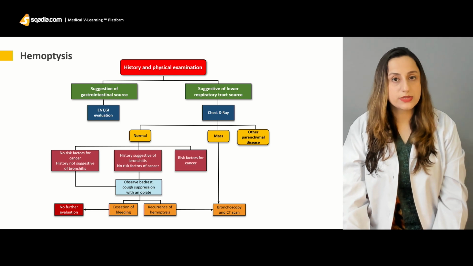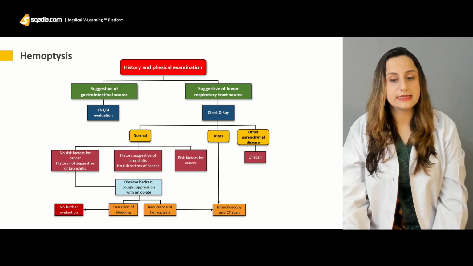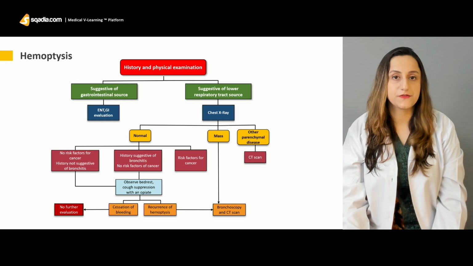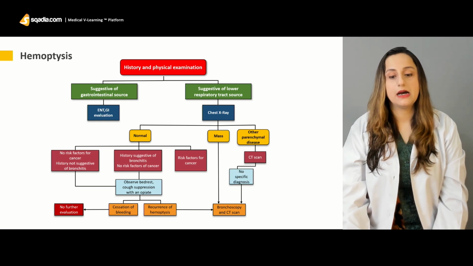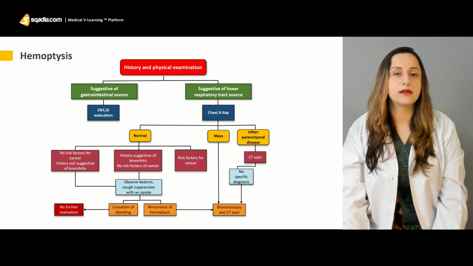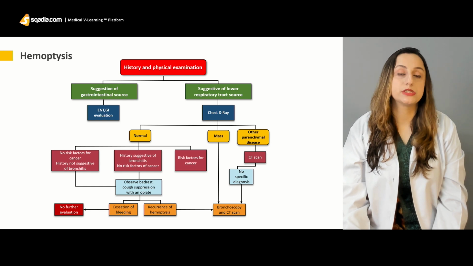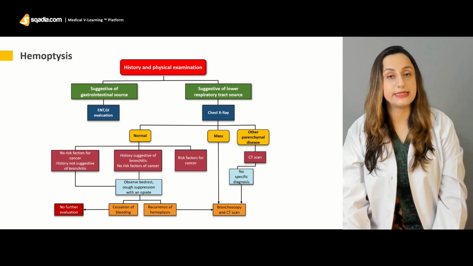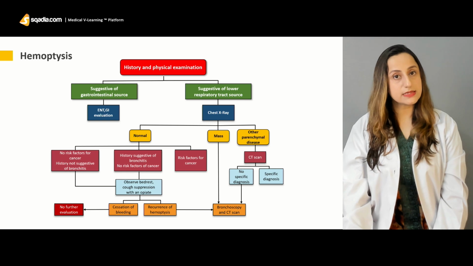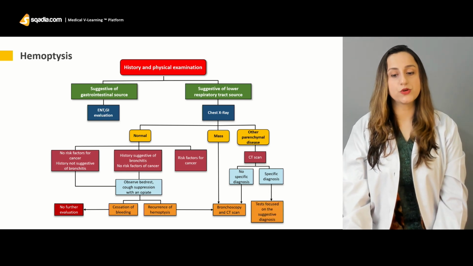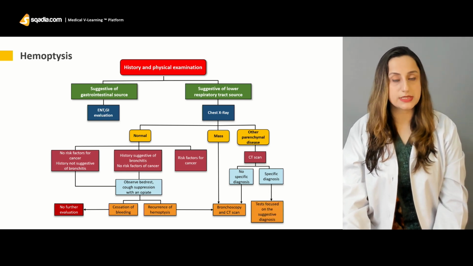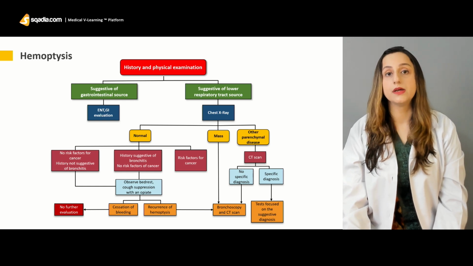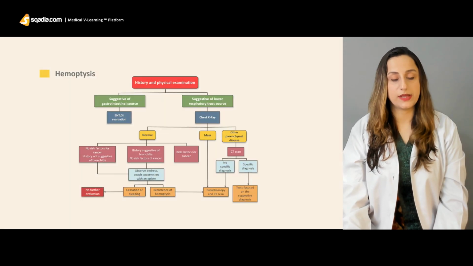The patient can also suffer from other parenchymal diseases, and for that, the diagnostic factor would be CT scan. If no specific diagnosis is there, then you can resort to further evaluation again by bronchoscopy or CT scanning. If there is a specific diagnosis, you would be focusing on the suggestive diagnosis and you would be conducting the other regular tests as well.